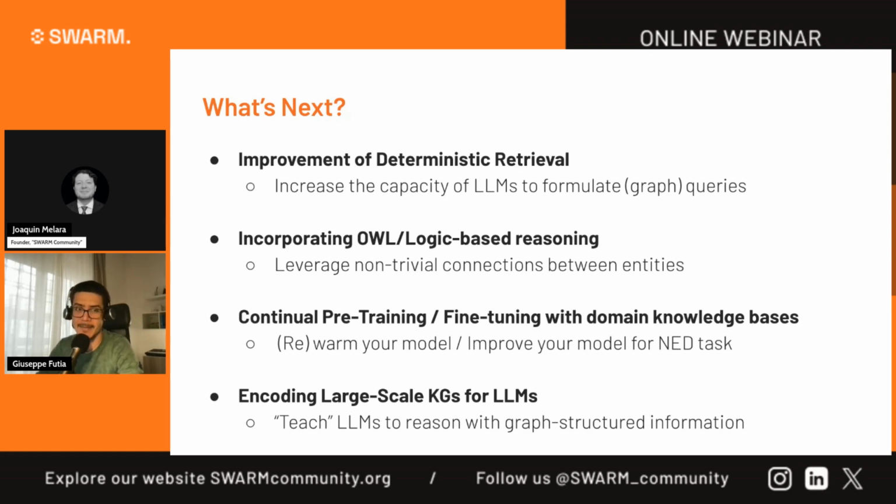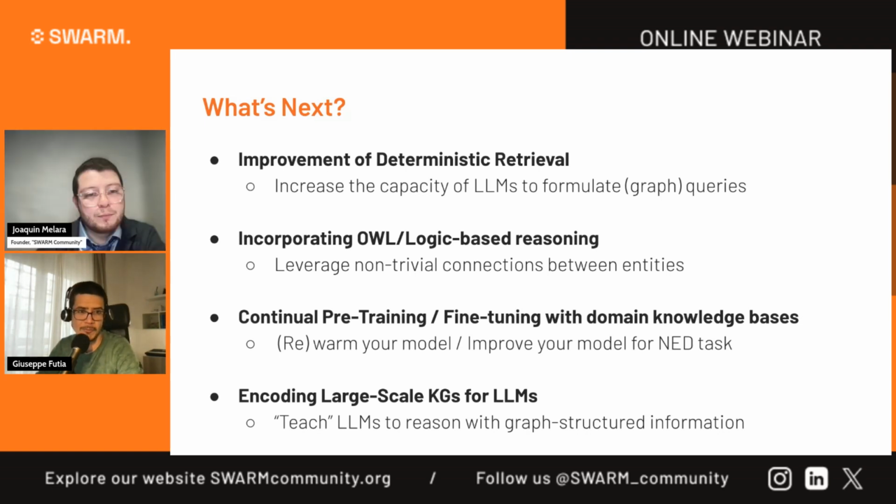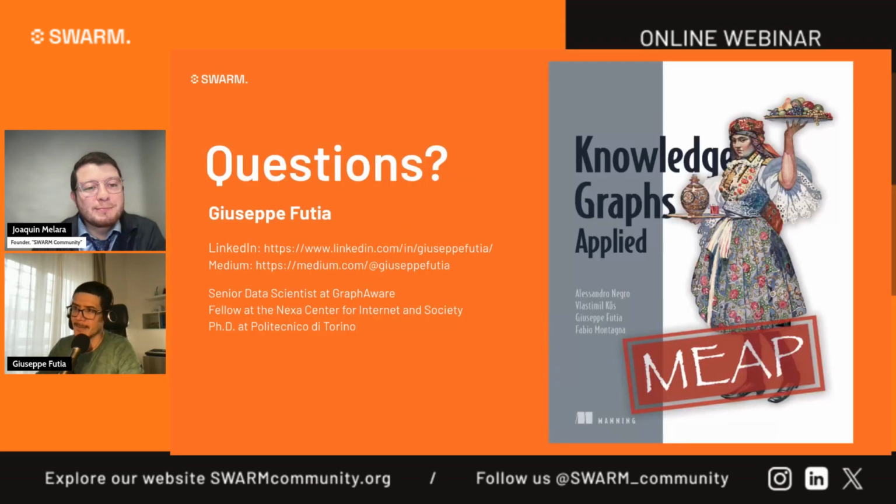And at the same time, another interesting research direction is to encode large-scale knowledge graphs for LLMs. So we have to understand how to teach LLMs to reason using graph-structured information. So these are very recent trends that I think we can monitor, right, to understand the potential and new opportunities in using LLMs for production-ready tasks.